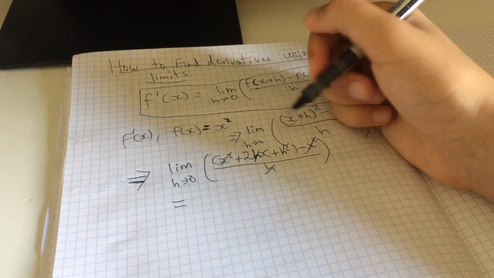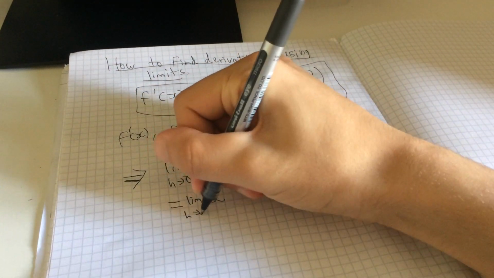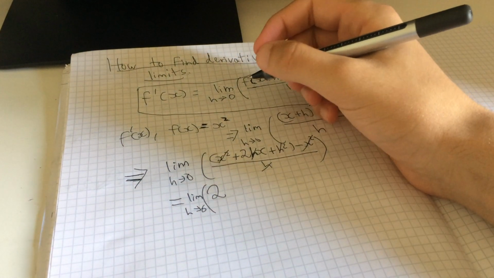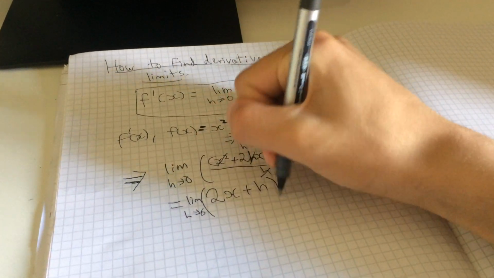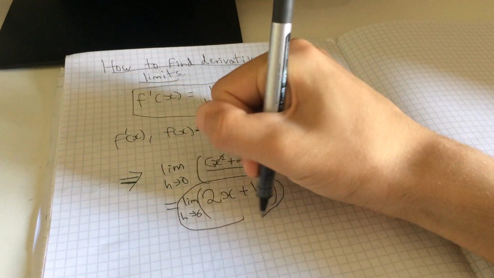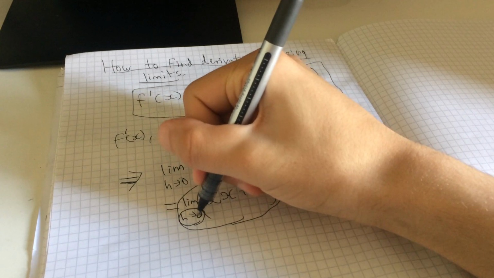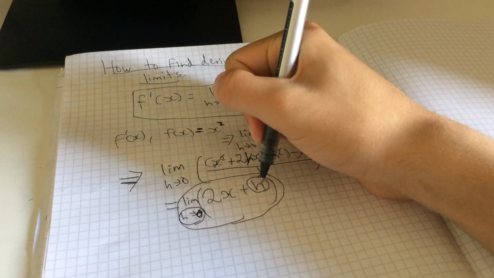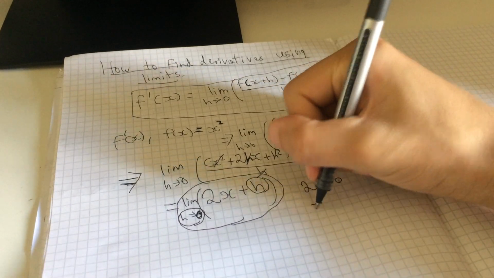What you're left with is the limit as h tends towards 0 of 2x plus h. And that's really interesting, because what did we say about h? h approaches 0. So at 0, h is equal to 0, and 2x plus 0 is equal to 2x.